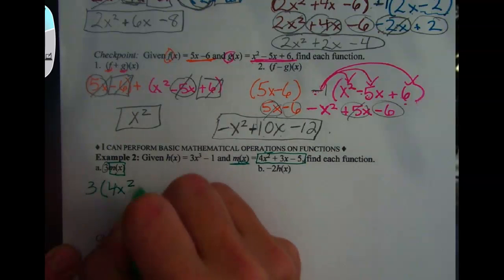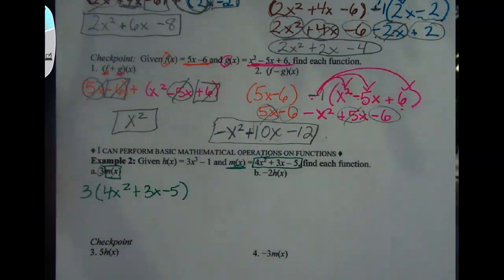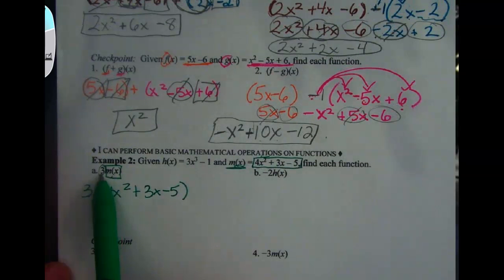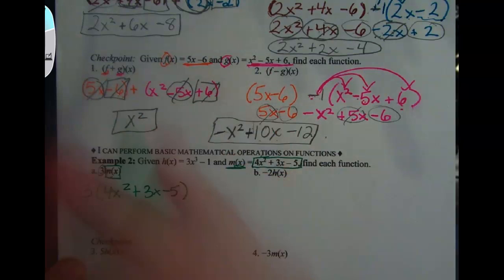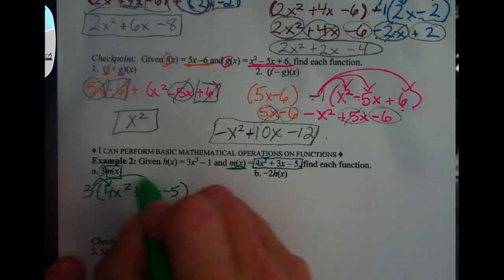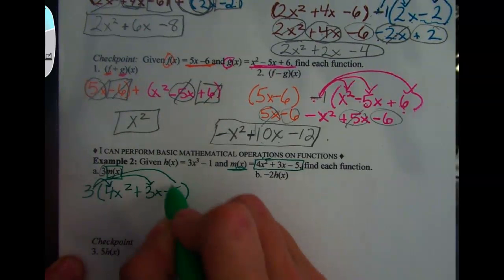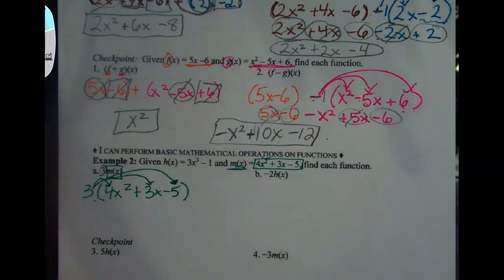4x squared plus 3x minus 5. So that's all the multiplication is doing. You have the 3 out front, and you're multiplying it by the whole entire function. Again, this is why we put parentheses. So this is the distributive property. I have to distribute, meaning multiply every single term by the number on the outside. And remember, the sign in front of the number matters.